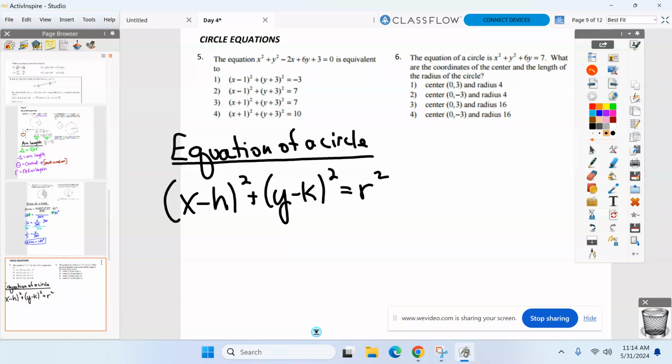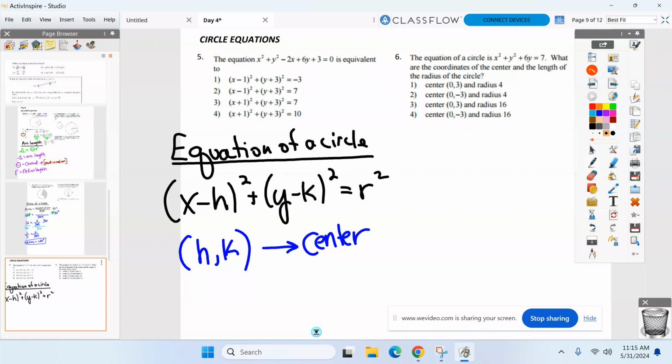There will be 2 parts to this equation. There'll be a number plugged in for h and k. You take those 2 numbers for h and k, put them together as an xy coordinate, and that'll give you the center of the circle.